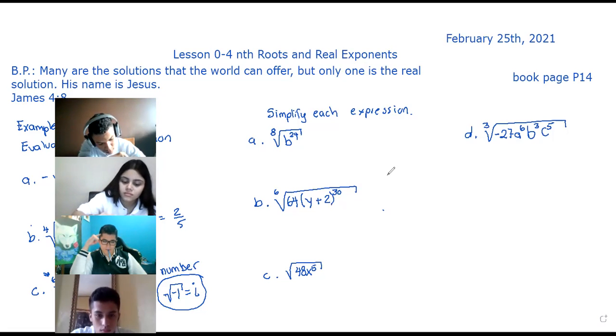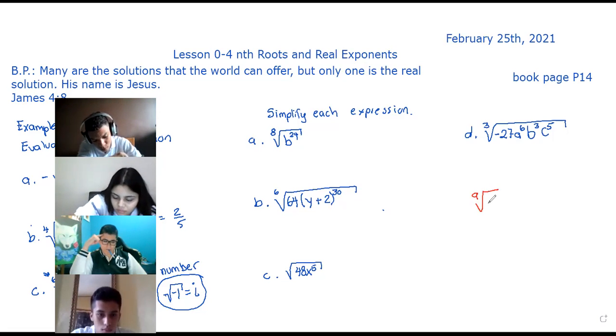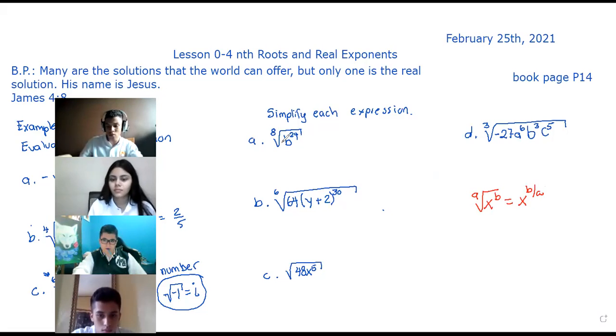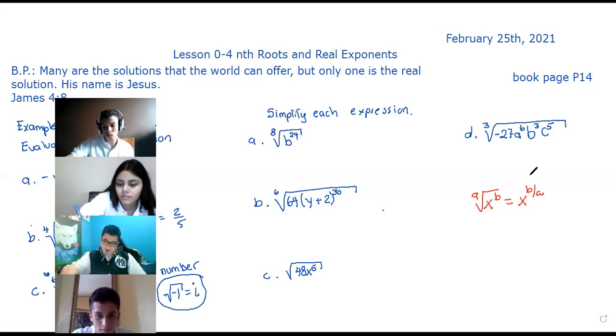Remember that at the beginning of the class, I asked you to copy some important information that I will rewrite again. If you have this, you can rewrite it as x to the b over a. That is exactly the property I will use for letter A. These are known as rational exponents.